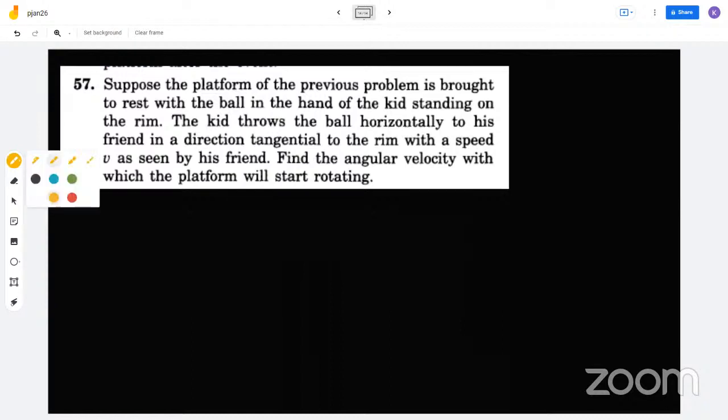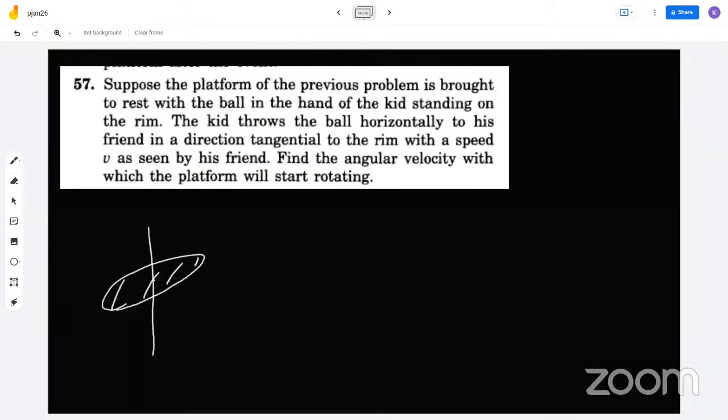So now what you have is the platform. This is the platform here, the kid, and a ball in the hand. Now it is at rest. Omega is 0. Initial is 0.